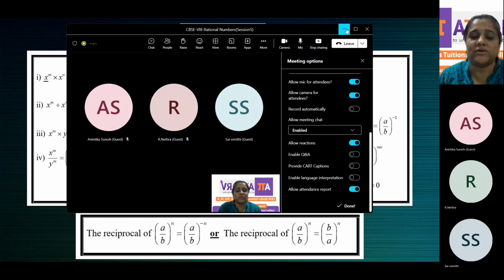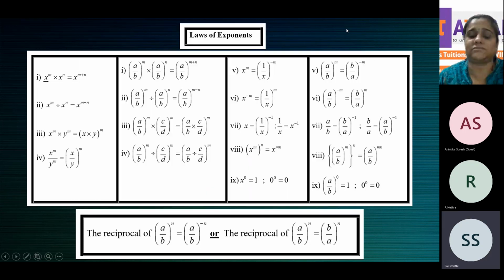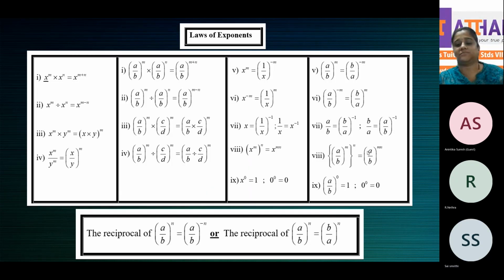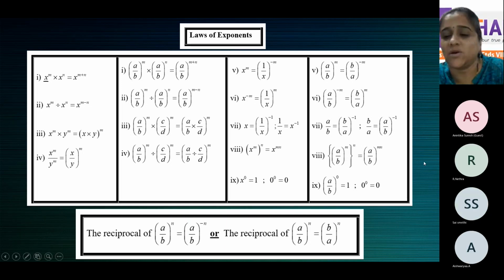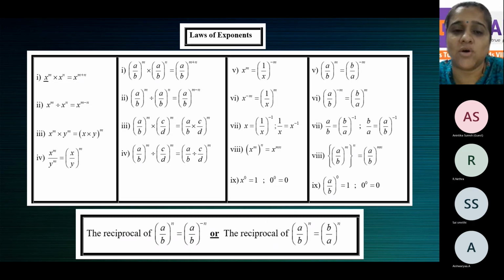I'll do it, don't worry. I have the recordings for the full chapter on squares and square roots. I'll share them with you, that will be useful.